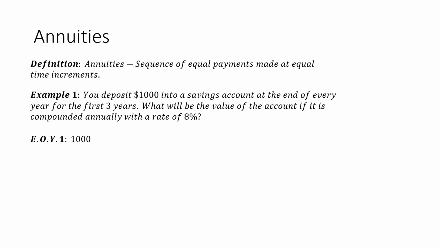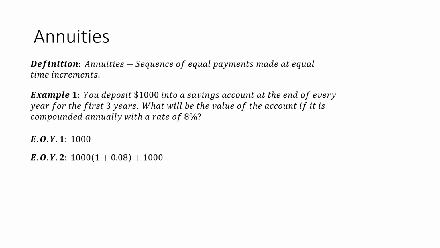I didn't put anything in my account until the end of my first year, and then I'm going to put in $1,000. So that's how much is there at the end of the first year. Now, at the end of the second year, I'm going to compute the interest that I earned on my initial investment, and then I'm going to add $1,000 to that because I'm going to deposit more. So if we're using the compound interest formula, my rate is 0.08.